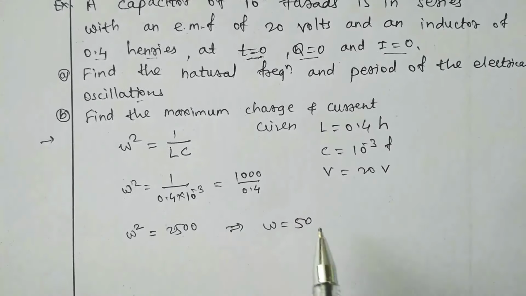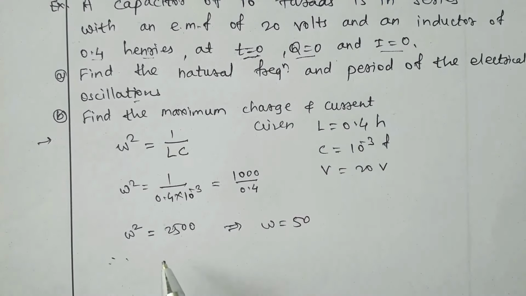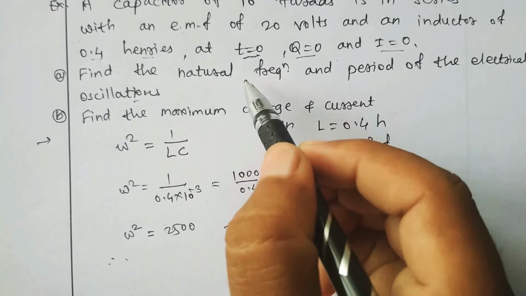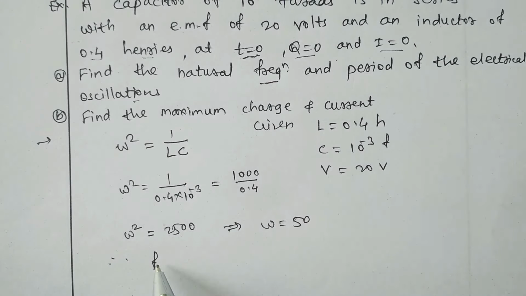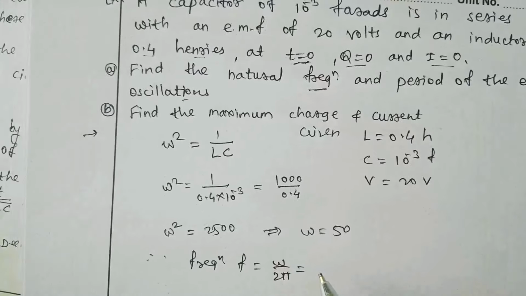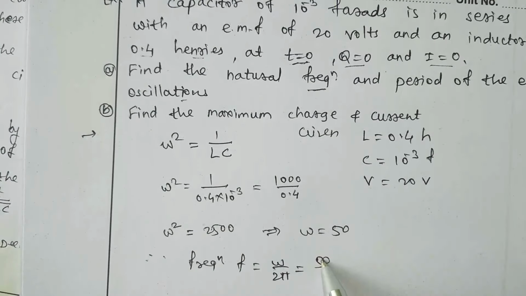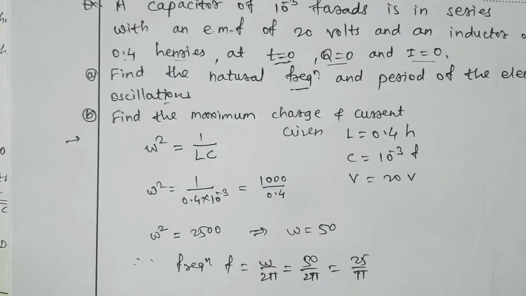Therefore the formula to calculate frequency F is equal to omega upon 2 pi. So this is 50 upon 2 pi, or you can say 25 upon pi.